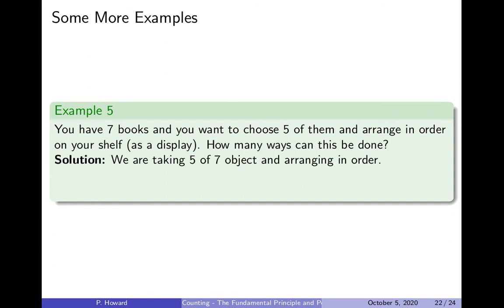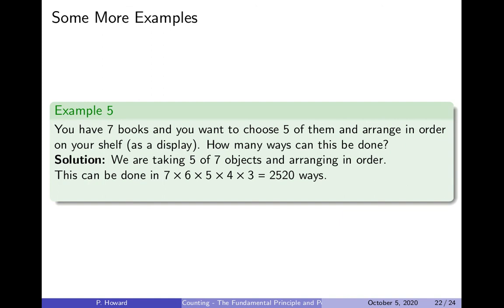We're taking 5 of 7 objects and arranging in order. Found another typo. Had to add an S to the word objects here. So we're taking 5 of 7 objects and arranging in order.